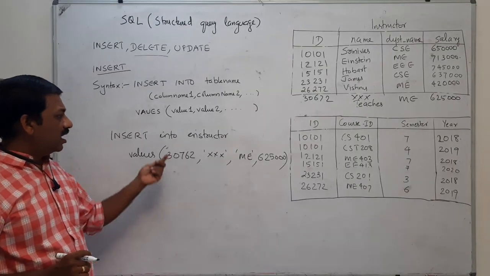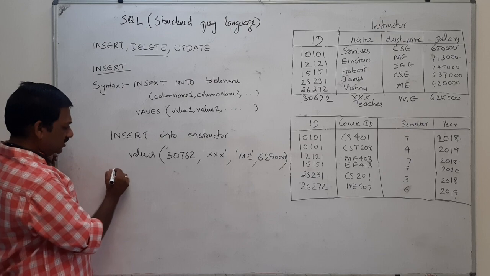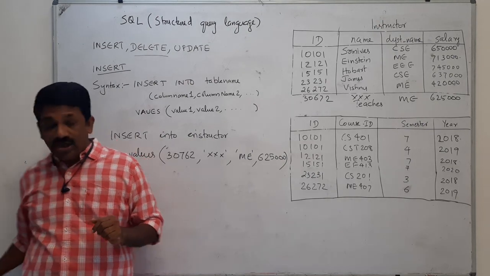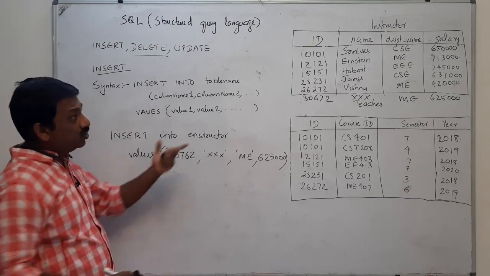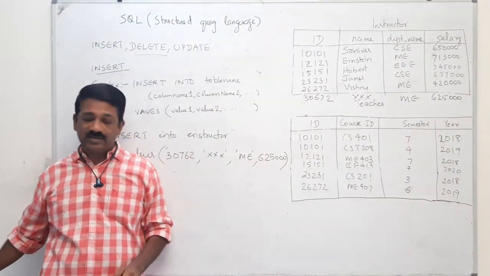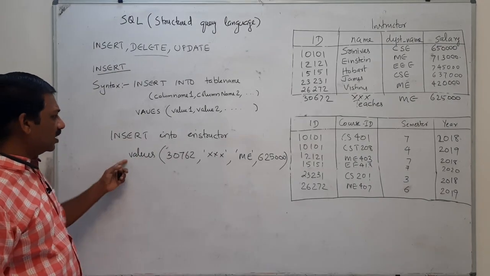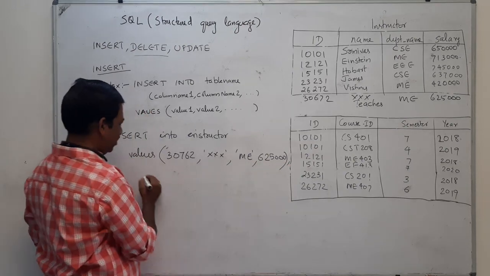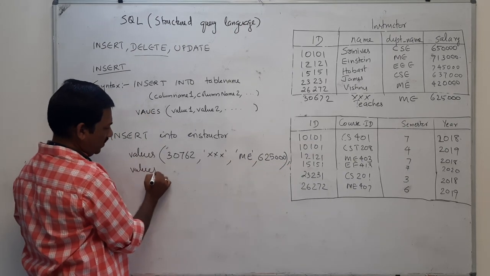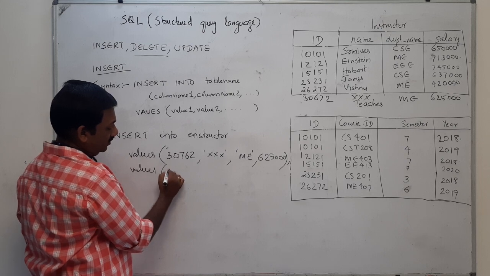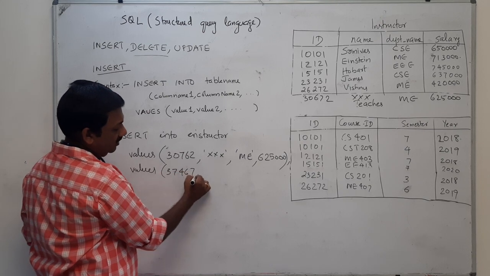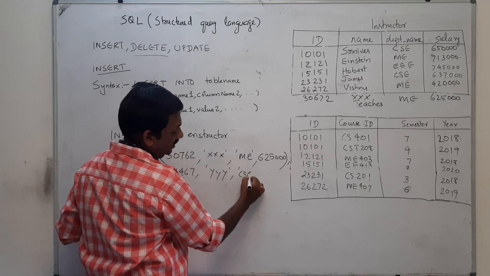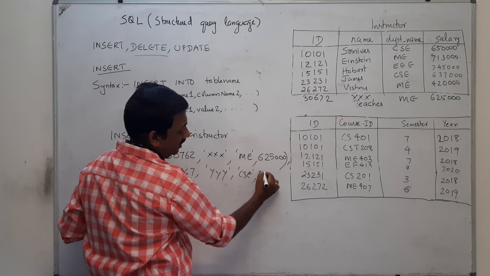Suppose that if you want to insert two rows using a single statement, you can have insert into instructor values, this one, comma, then values, say 37467, say y, say CSC, and 3,25,000.